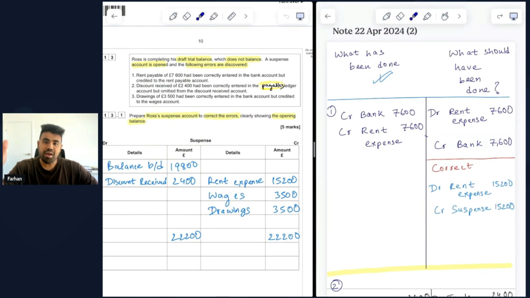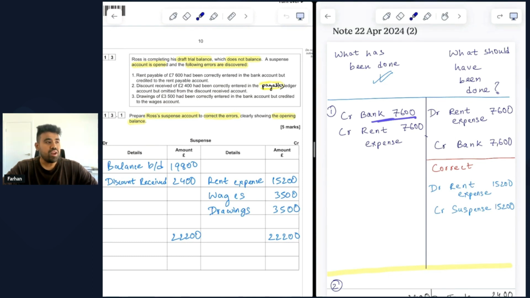Now that bank is decreasing, which means the assets are decreasing for the business, we have to do the opposite of debit, which is credit. So because we have paid the rent of £7,600, bank should be credited by £7,600, which is the correct way to record it, and that is what they have done. As you can see here, credit bank 7,600.